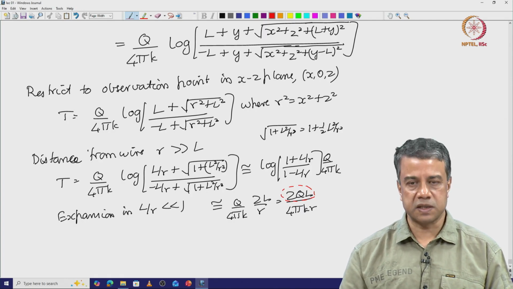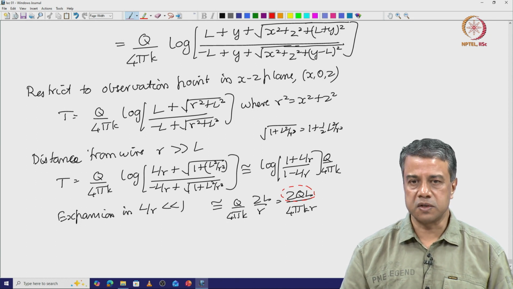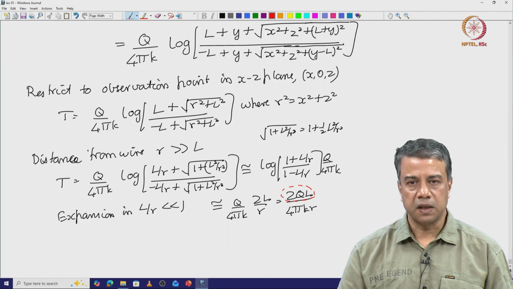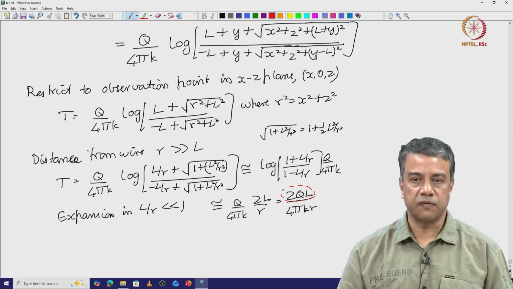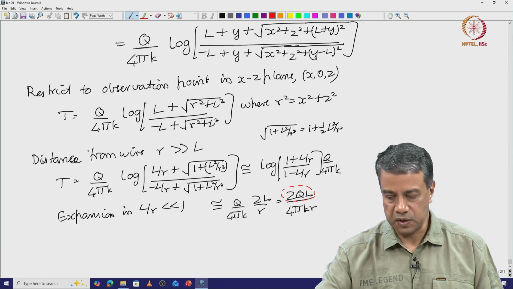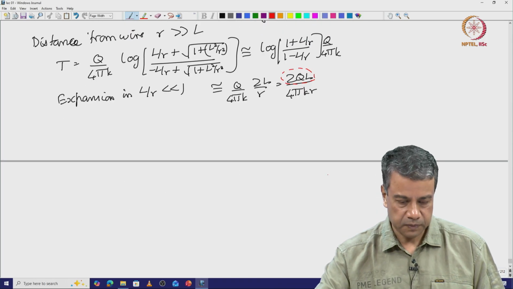The wire appears as a point source of source strength 2 qL, because q is the energy generated per unit length per unit time, 2L is the length, and therefore 2 qL is the energy generated per unit time from the wire. So, when you go sufficiently far, the wire looks like a point source of source strength 2 qL.